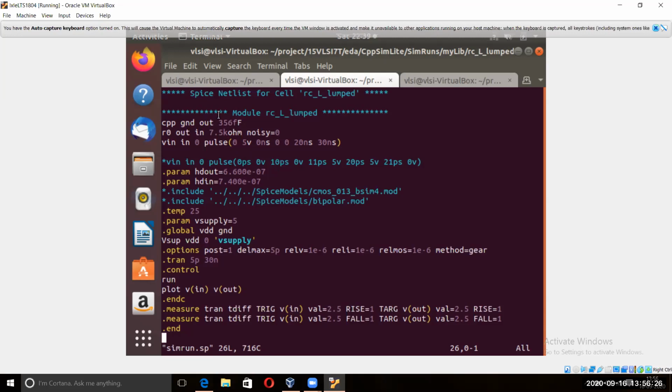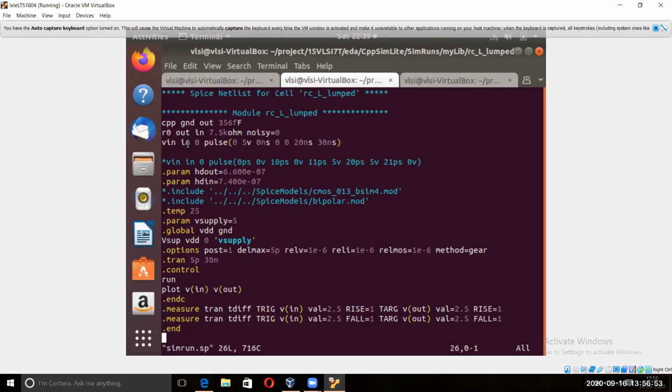If you are shifting it from 0 to 5. So 0 to 5. I think there is no doubt in the first two lines, because the pattern is written only capacitor, then resistor, then the node to which it is connected, then the values of the capacitor and resistor, and noise is 0. So by default it will come, no need to change. And here I have written the pulse, like the input, my voltage source, the pulse one.